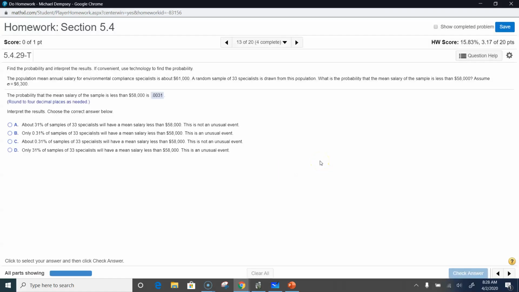So that would be about 31%. No, it's 0.31%, right? 0.0031 is 0.31% if we convert that to a percent.